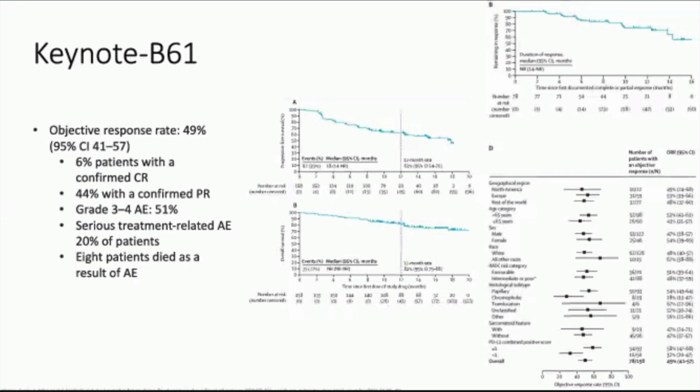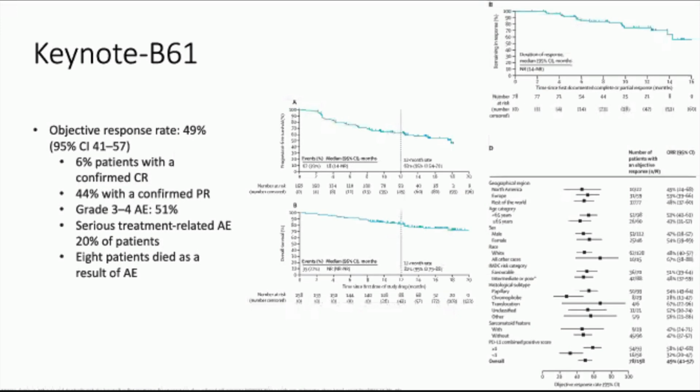They had 6% of their patients with a confirmed complete response. And in this trial, objective response was observed across all histological subtypes, but to a lesser degree in the chromophobe group, which had an objective response rate of 28% compared to the other histological subtypes, which were all above 50%.